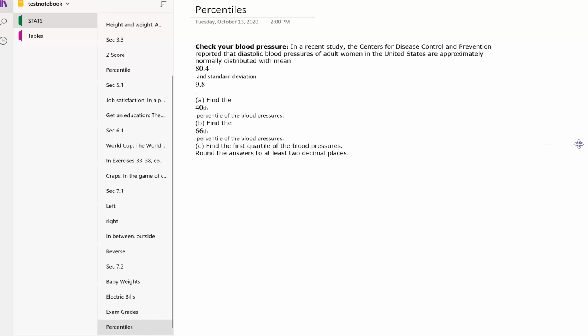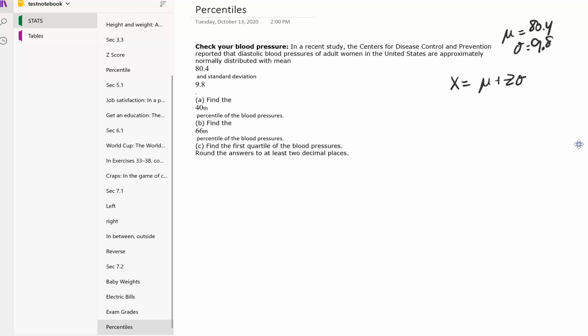Percentiles. Okay, percentiles are done slightly differently. We still have the mean here of 80.4, standard deviation of 9.8, but this is the one where we're using the other formula. So we're actually going to calculate x.